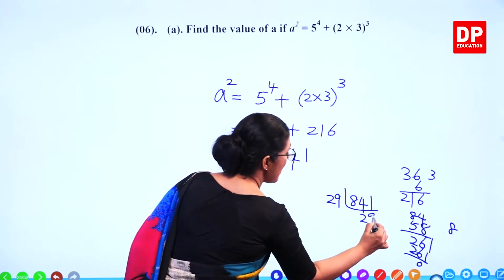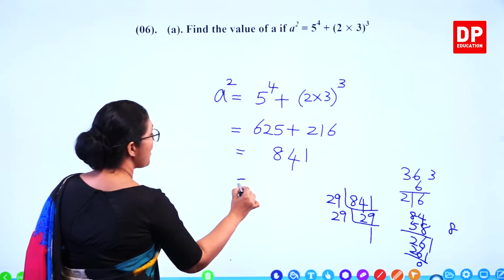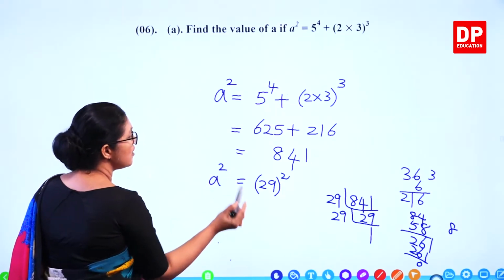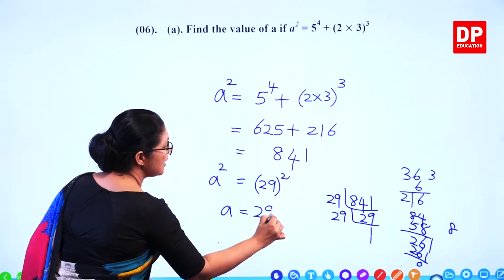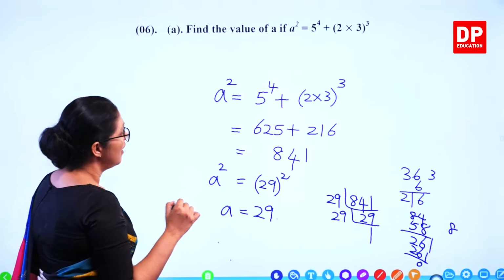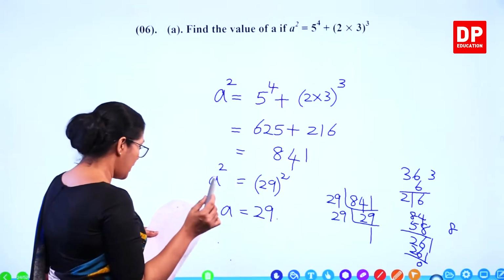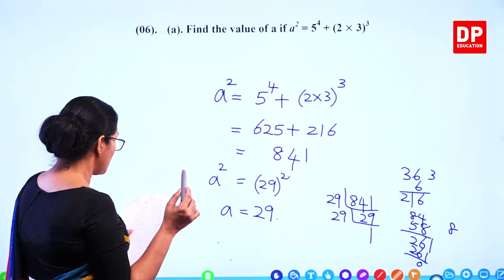So 29 times 29 is the square number. So you can write 29 squared is a squared. So what's the a value? A value becomes 29. So how many marks for this one? You are getting just 2 marks.